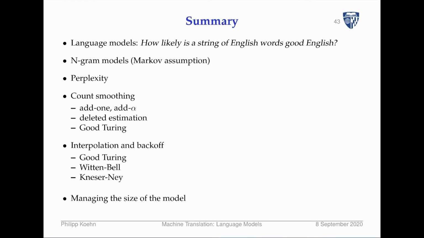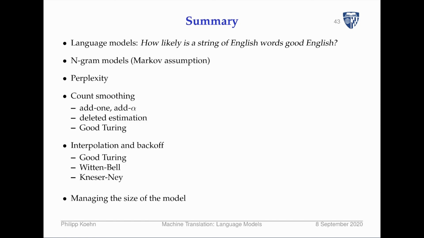That's it for today. We considered the problem of language models, which we defined as how likely a string of English words is to be good English. We want to assign probabilities to all possible English word combinations and say which ones are fluent. That's going to help us build machine translation systems that produce fluent output.